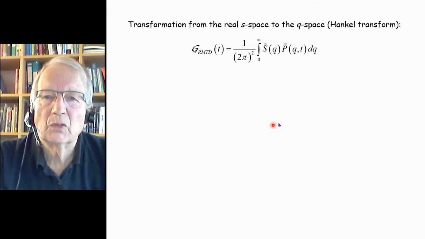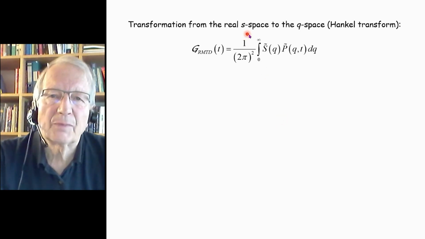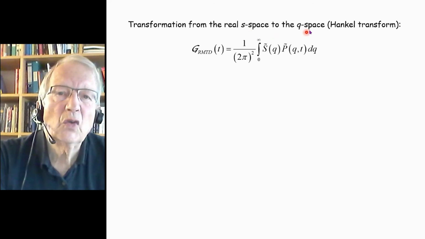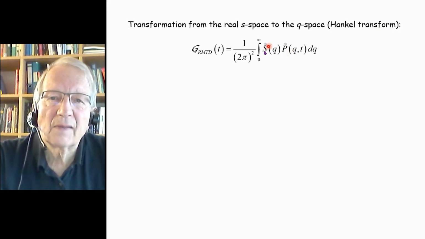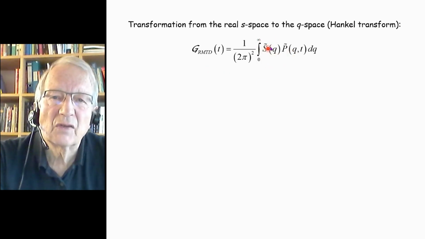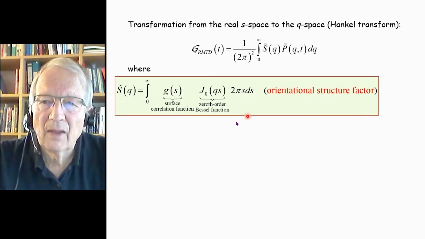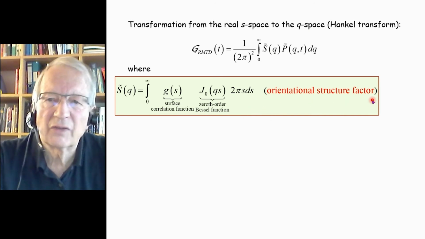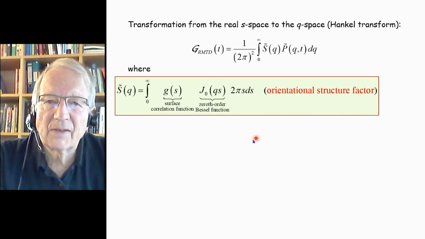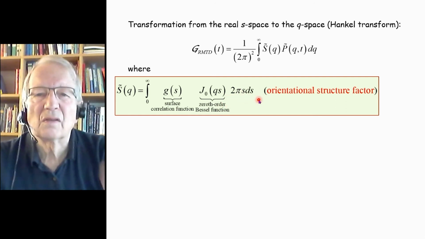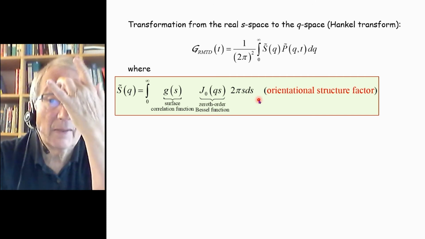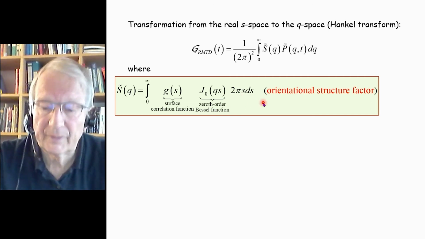It's favorable to transform the real space, S space so to speak, to a Q space, a wave number space, via a Hankel transform. And then we get some new functions, S and P with a tilde above. Now this function S of Q is called the orientational structure vector; it's just the surface correlation function, and here we have the zeroth order Bessel function times a certain distance element along the surface.